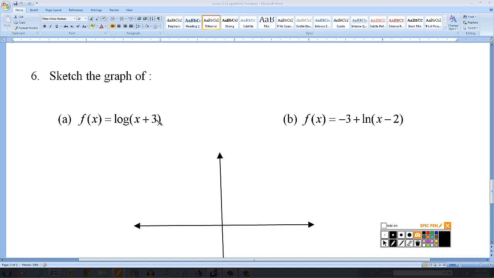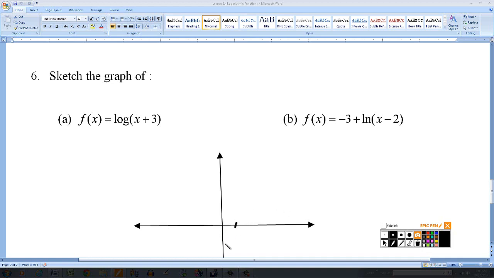This is base 10, remember, it's understood. Base 10 tells me the graph would pass through 1, and it would go out like this. That's if it didn't have this plus 3. That would just be the graph of f of x equals log of x.